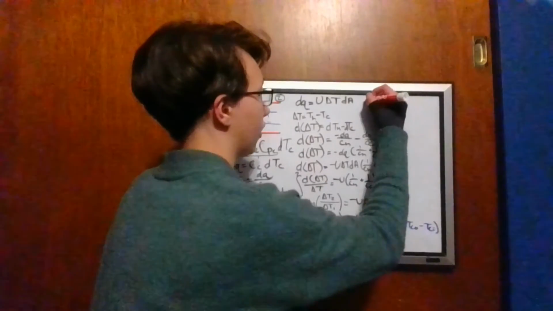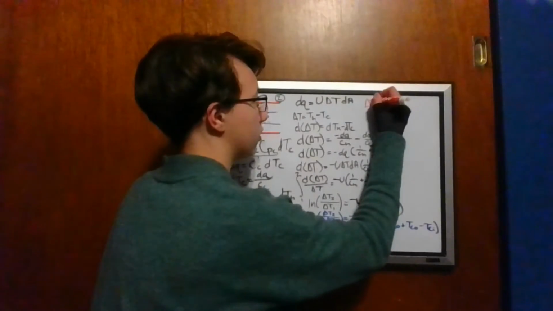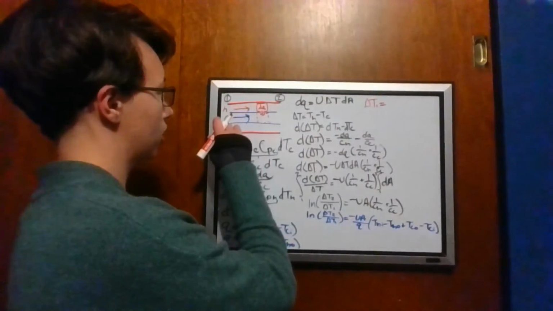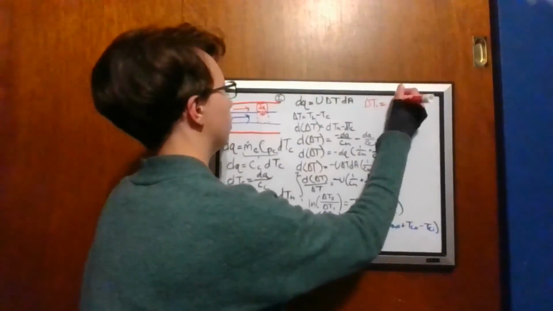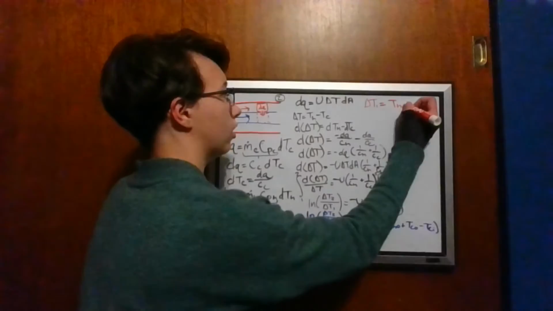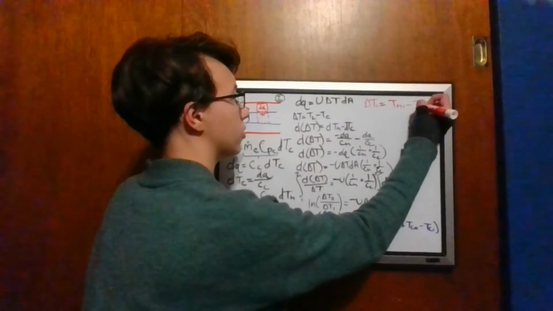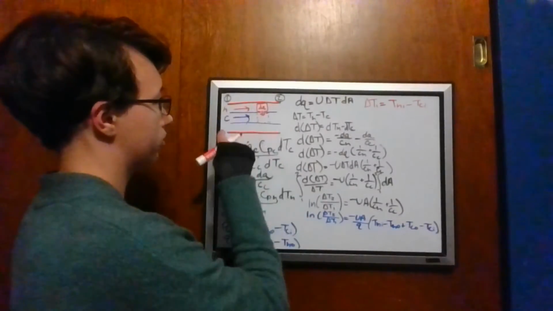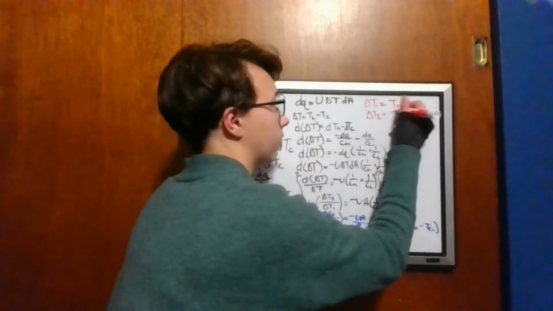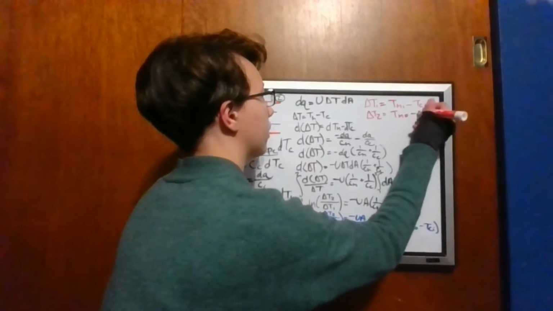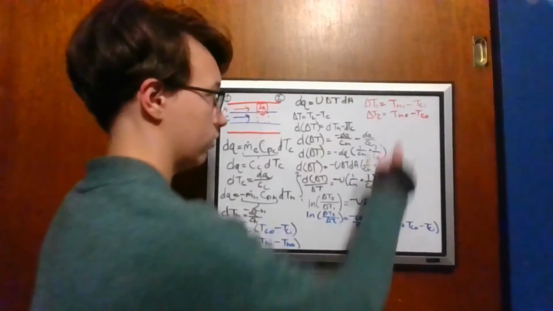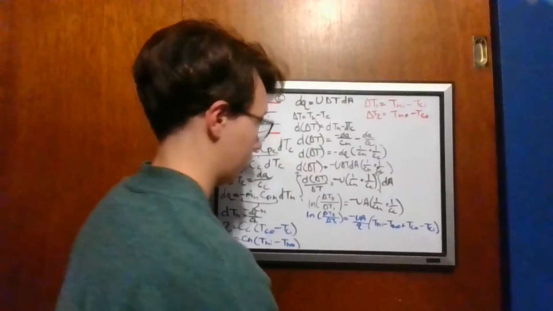Delta T1, at this position, is going to be the temperature of the hot going in minus the temperature of the cold going in. So that's across here. And delta T2 is going to be the temperature of the hot going out minus the temperature of the cold going out. So that's right there. Then we can use this and plug it in down here.